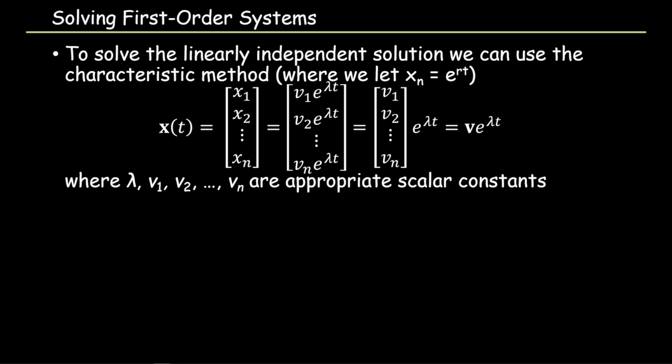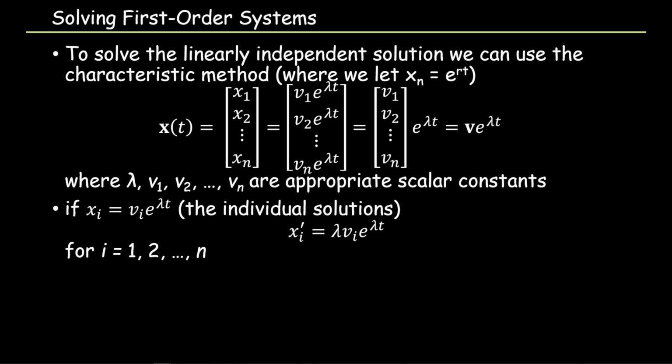Now we can find the constant v to make this a valid solution. If we let xi equal vi e to the lambda t, which are the individual solutions, then its derivative is, well, the derivative of an exponential, which will be lambda vi e to the lambda t for i equal to 1, 2, all the way to n, in other words, a positive integer.